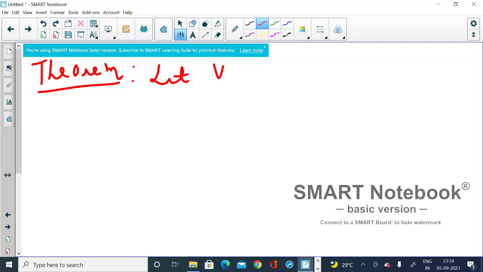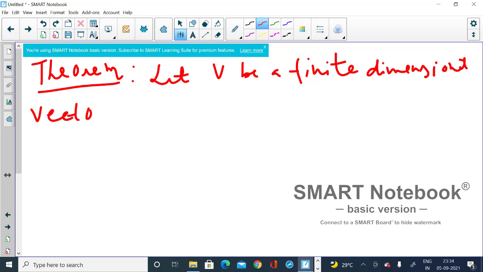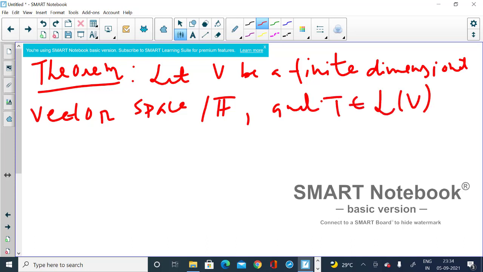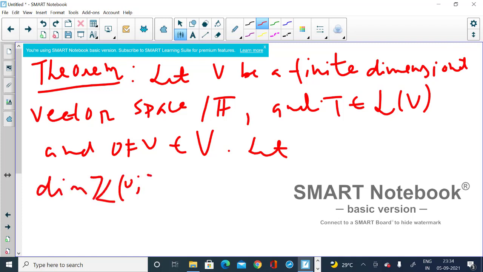Let V be a finite dimensional vector space over a field F, and you choose T, a linear operator on V. Also choose a non-zero vector v in V, and assume that the dimension of Z(v; T) is equal to k.